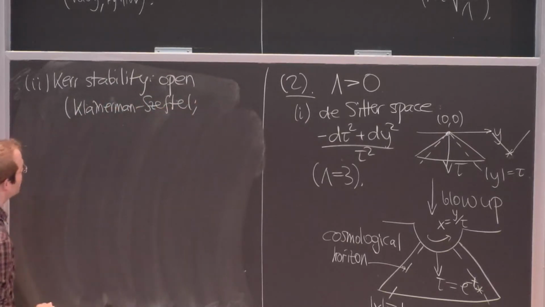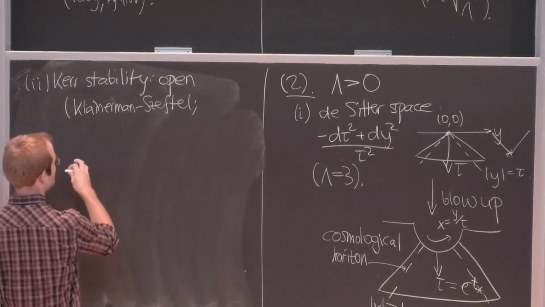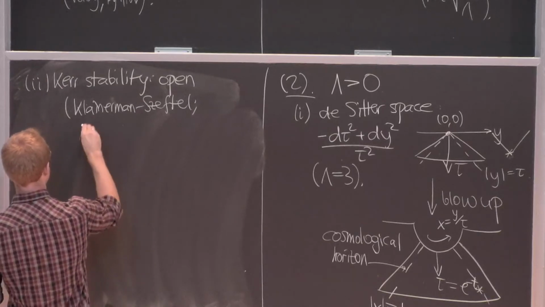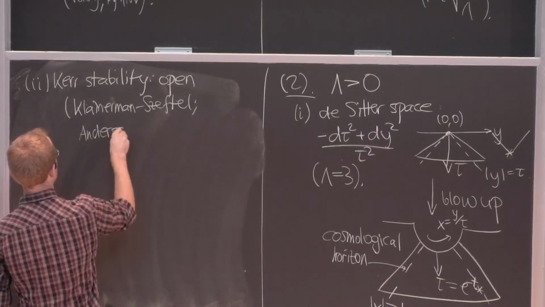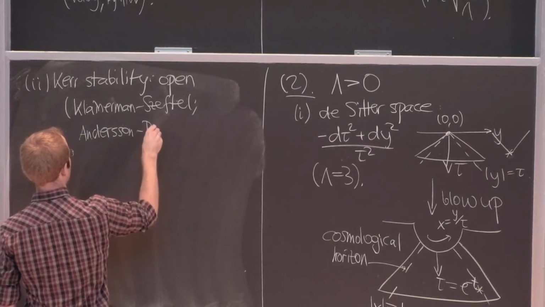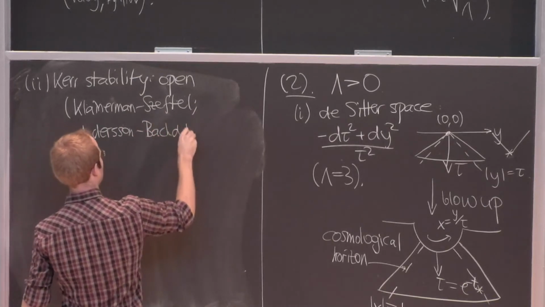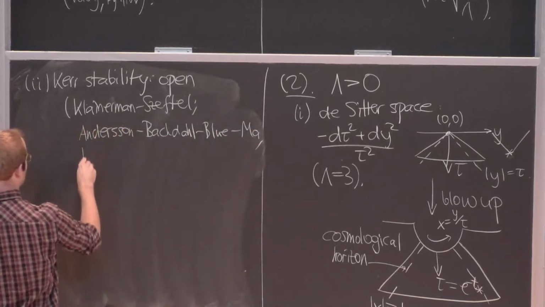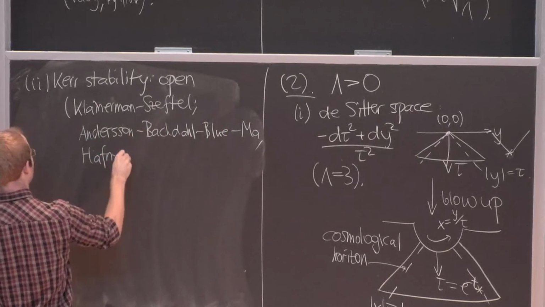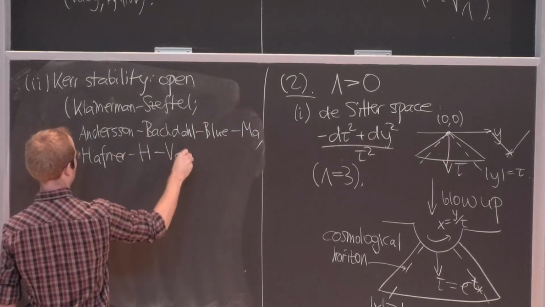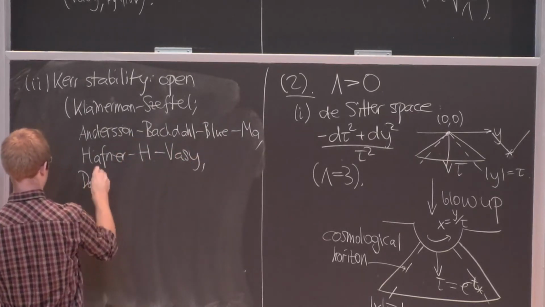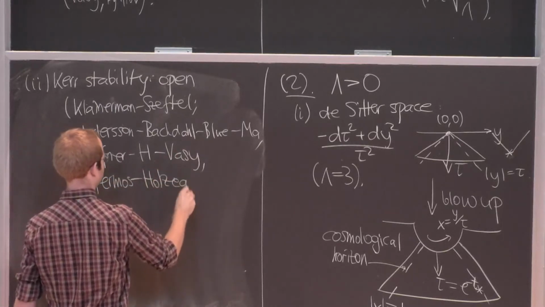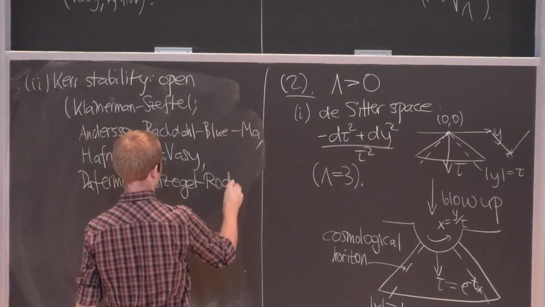There are also works on the linearized problem, where you don't solve the nonlinear Einstein equation, but the linearization thereof. There was a paper recently by Andersson, Bäckdahl, Blue, and Ma. Then Dietrich Häfner is going to talk next Wednesday, I believe, about our recent work on this. And then Dafermos, Holzegel, and Rodnianski also have results in this direction.